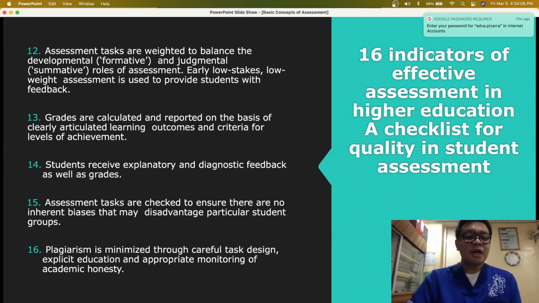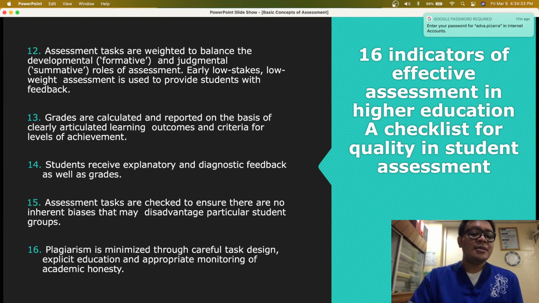Thirteenth, grades are calculated and reported on the basis of clearly articulated learning outcomes and criteria for levels of achievement. Fourteenth, students receive explanatory and diagnostic feedback as well as grades. Fifteenth, assessment tasks are checked to ensure that there are no inherent biases that may lead to disadvantage for particular student groups.